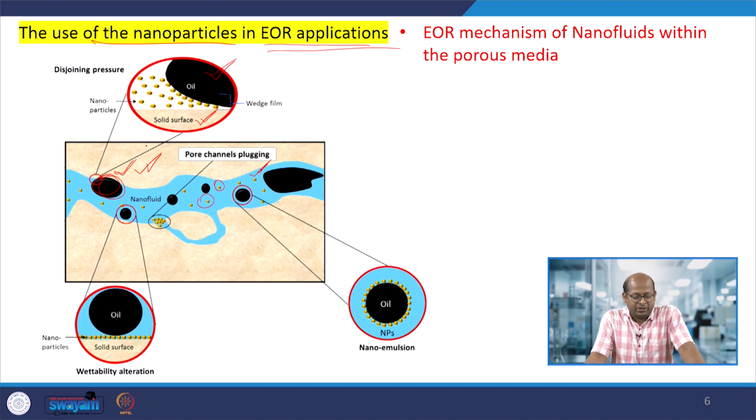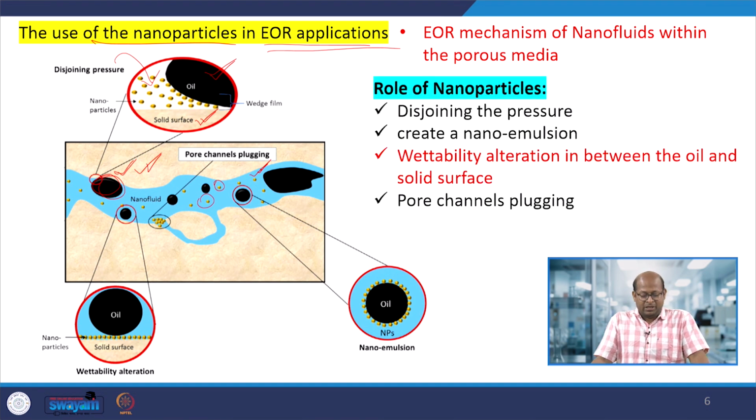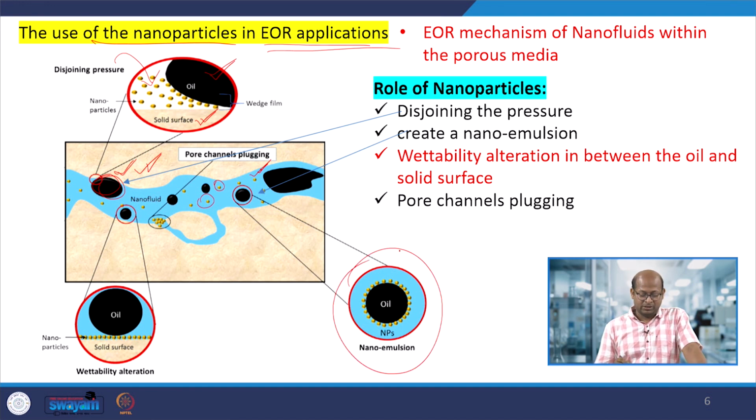When the nanofluid is passed, it creates disjoining pressure. Disjoining pressure means that between the oil and the solid surface, the nanoparticles disjoin the pressure, and as a result the trapped oil may come out from the surface. It also creates nano emulsions: when nanoparticles are present in the nanofluid, the oil particles and fluid form a nano emulsion, so the trapped oils can get out.